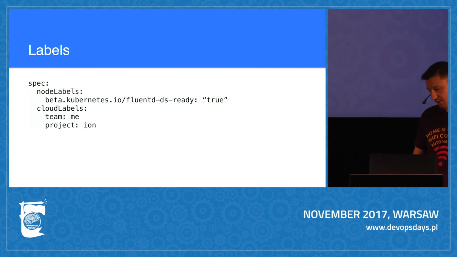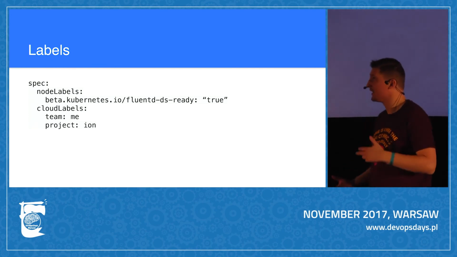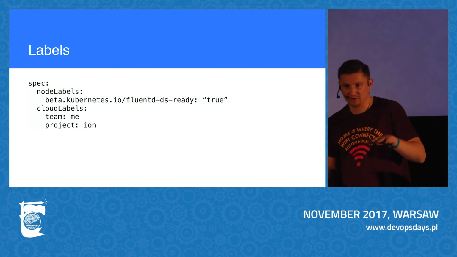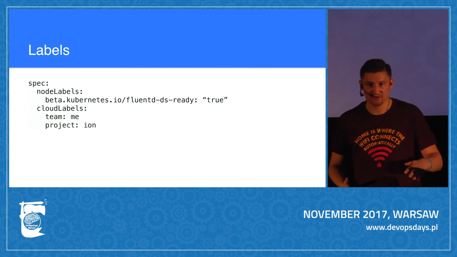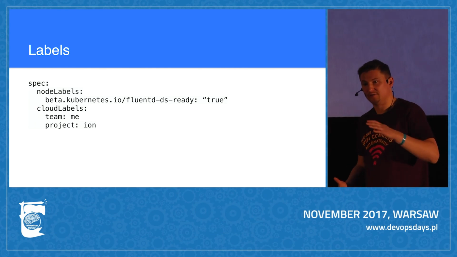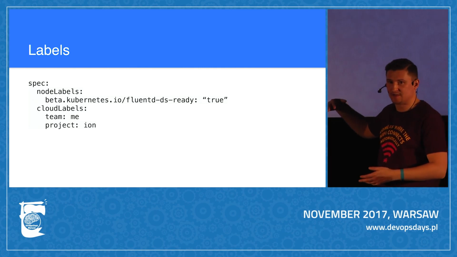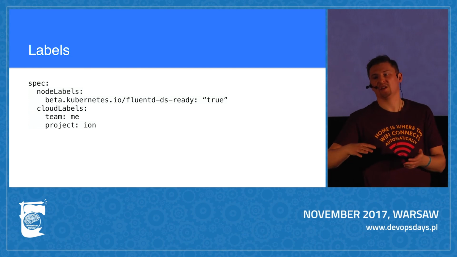And the really nice feature is labels: they allow us to specify the labels that we put on the nodes, used for scheduling our applications, and the labels that they put on the infrastructure. Like we want to separate nodes from different teams, to have it well presented in our AWS billing report.